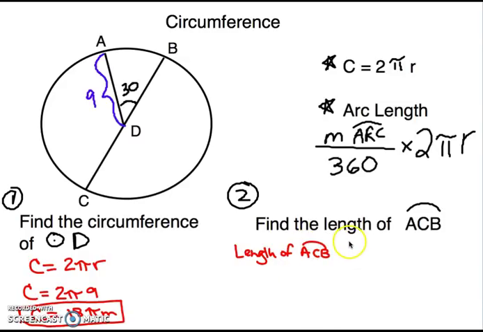So we're looking for arc length here, equals measure of your ACB divided by 360, and then we want to multiply that by 2 pi r.